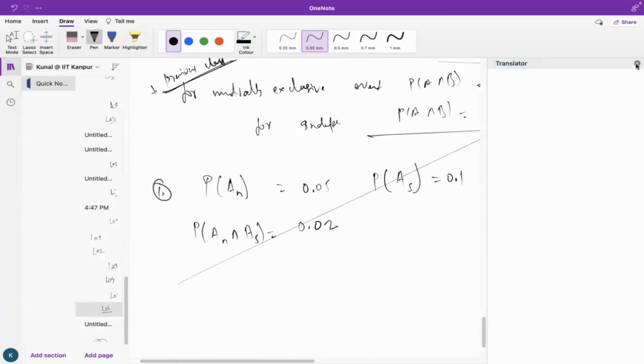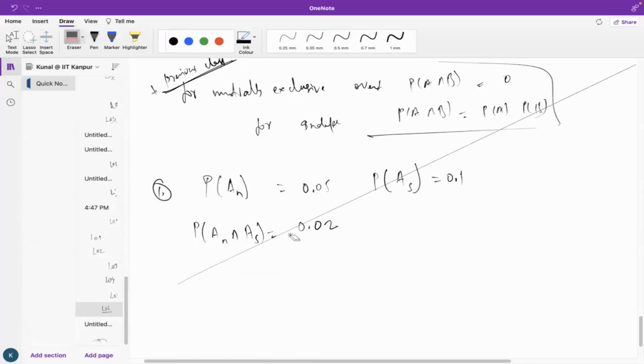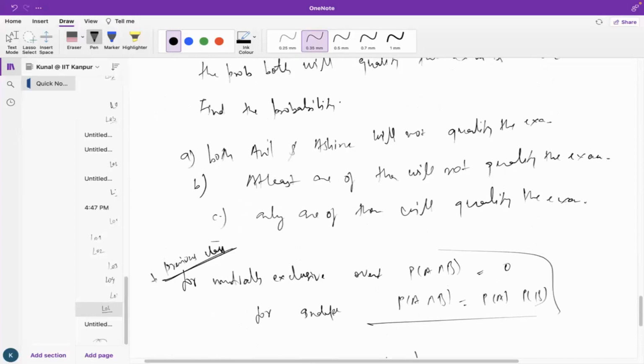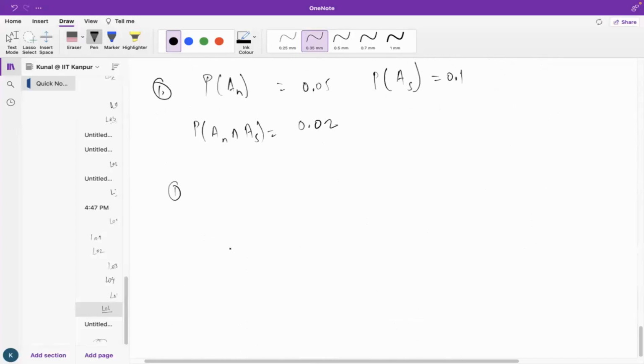So what is the first question asking? It asks for the probability that both Anil and Asima do not qualify. So what we have to find is AN dash and AS dash.